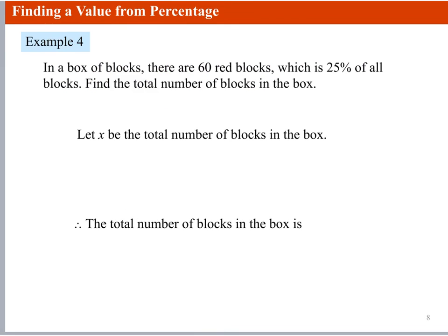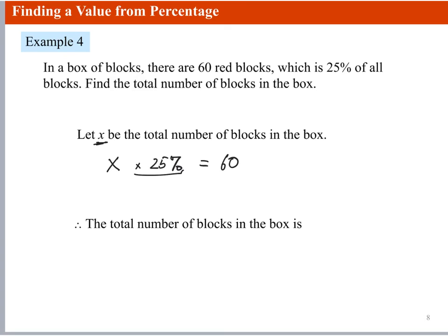Here is another example. In a box of blocks, there are 60 red blocks, which is 25% of all blocks. Find the total number of blocks in the box. Okay. We need to find the total number, so we let x be the total number. X times 25% equals 60.